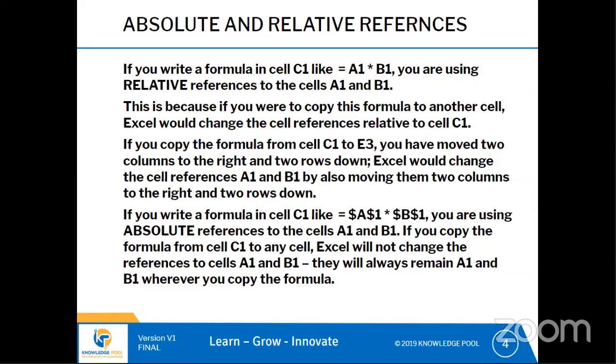They'll remain A1 and B1 wherever you copy the formula. So absolute means it doesn't change. Relative, it changes relative to where you copy the formula to. So where you take it from, where you take it to.